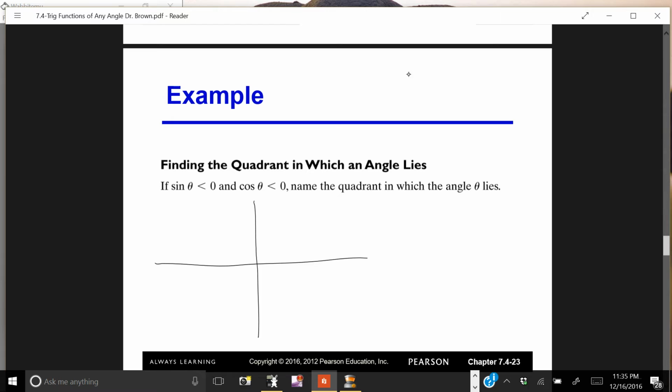If sine of theta is negative, that means the sign of b is going to be negative here and here, and the cosine is less than 0, which means that a is less than 0, so it's got to be in the third quadrant.